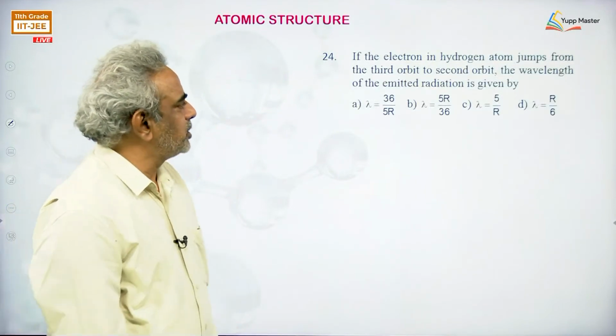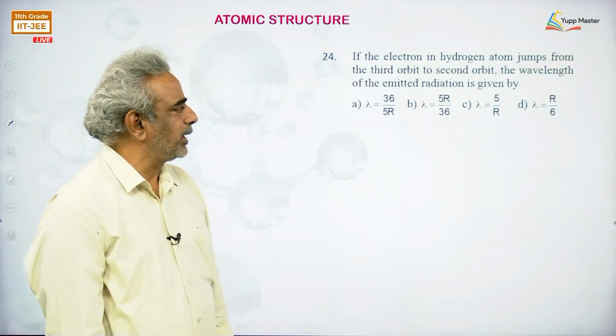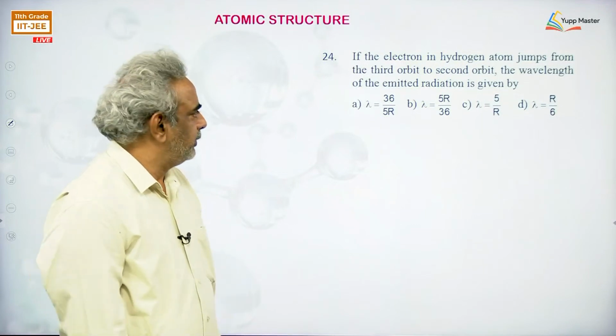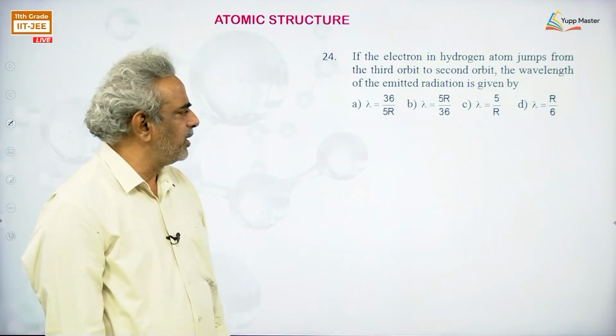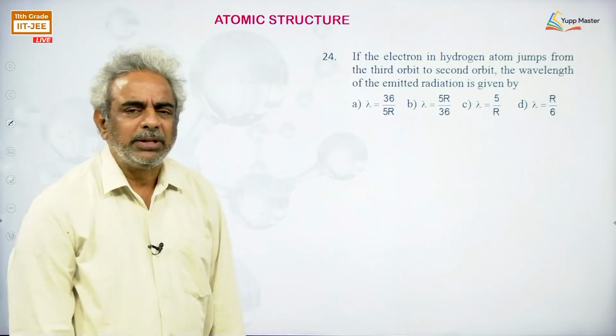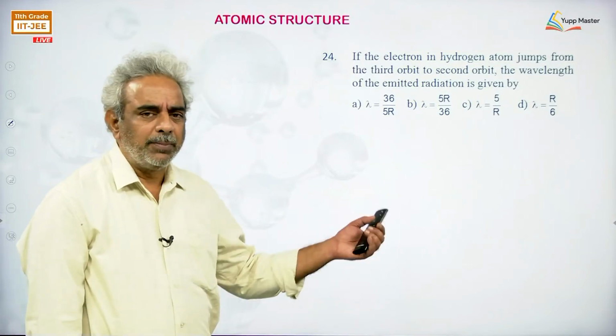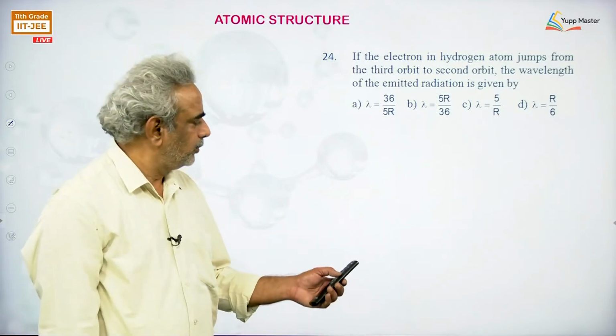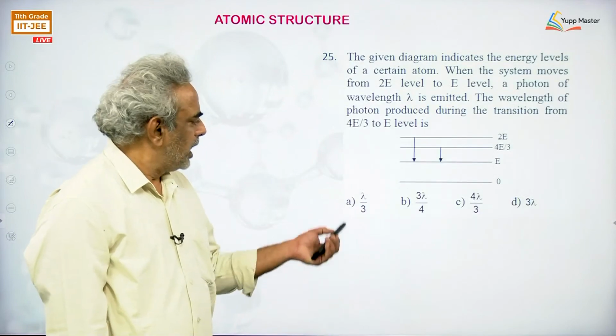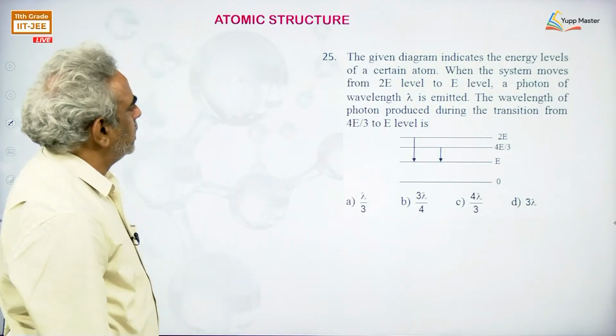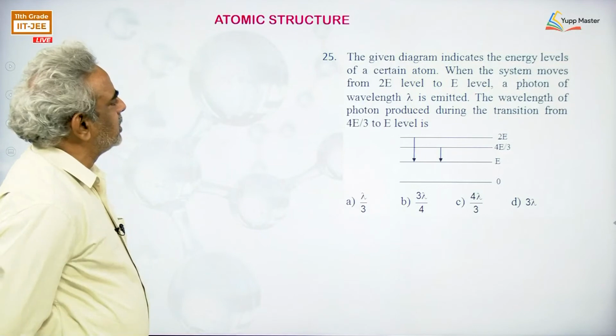The electron in hydrogen atom jumps from the third orbit to second orbit. The wavelength of the emitted radiation is given by, very simple, 3 to 2 transition. Go for Rydberg equation, you can easily calculate. I think this is something different. The given diagram indicates the energy levels of certain atom.